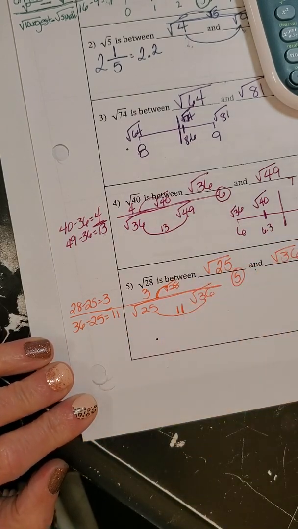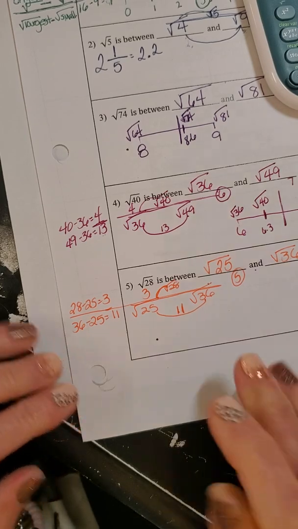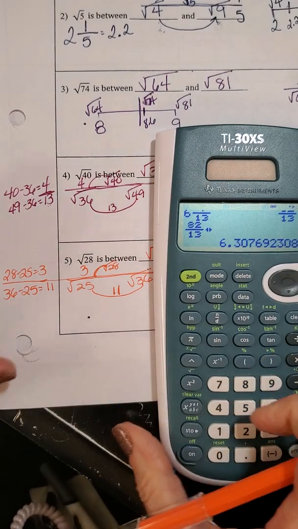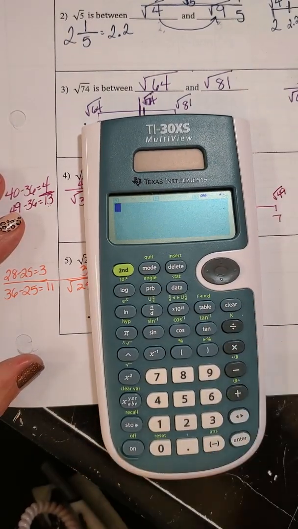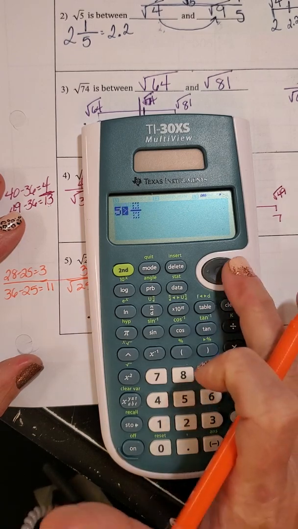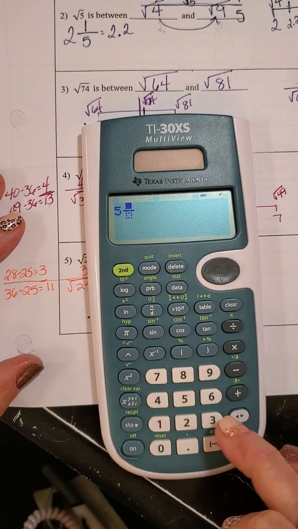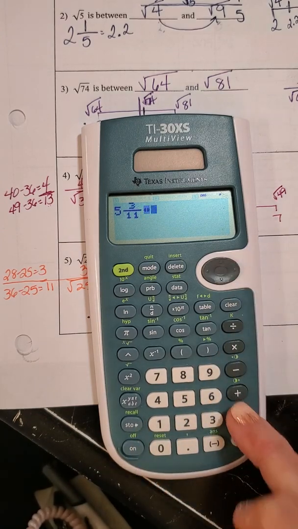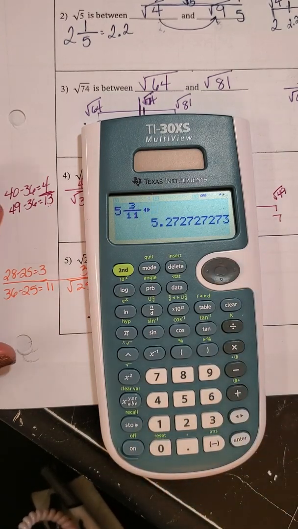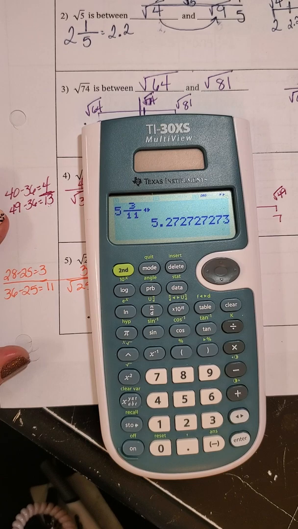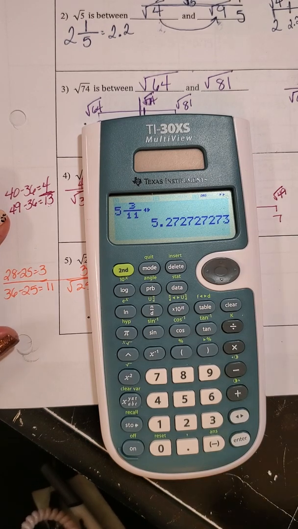So my fraction is 3/11. Take our calculator, second, N over D, 5, 3, 11, conversion, enter, is 5.27, which is 5.3.